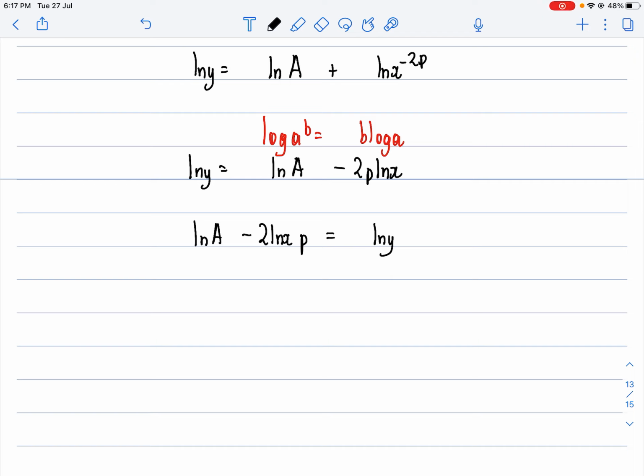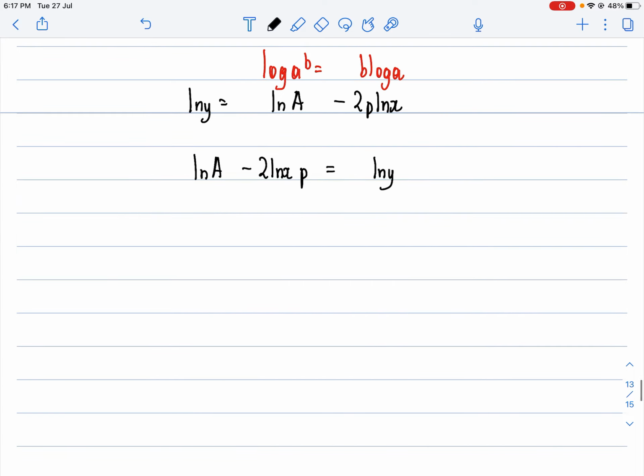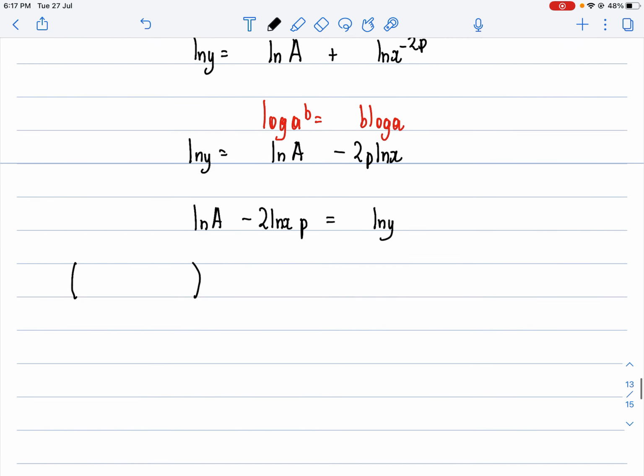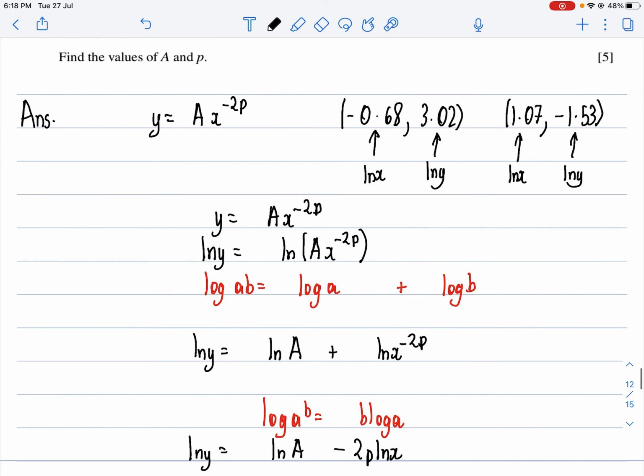Got it? Now what I need is my coordinates. So the first set of coordinates which I have is minus 0.68 comma 3.02.